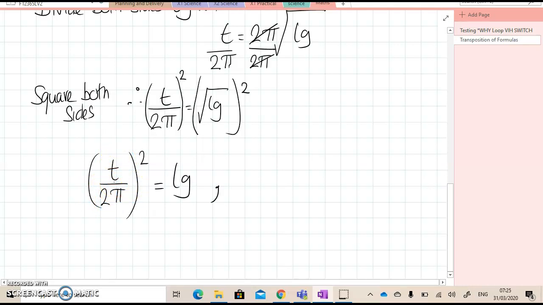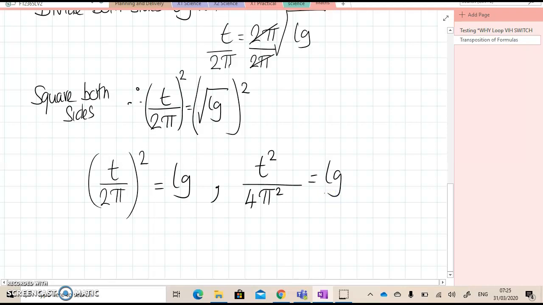That can actually be written as T squared over 4 pi squared. What this means is that everything within the brackets is squared. So T, we could call that 1T, but T on its own becomes T squared. 2 squared is 4, and pi squared is pi squared, and that equals LG.